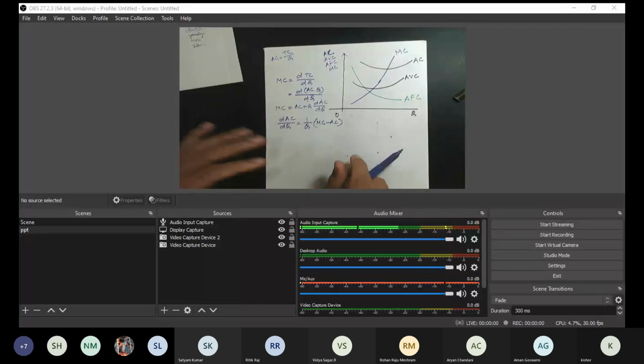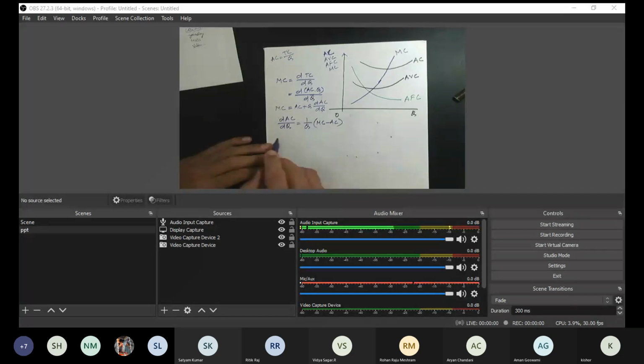When the equation is not in front of me, I have three options. One is if the AC value, the average cost value, is more than the marginal cost value.